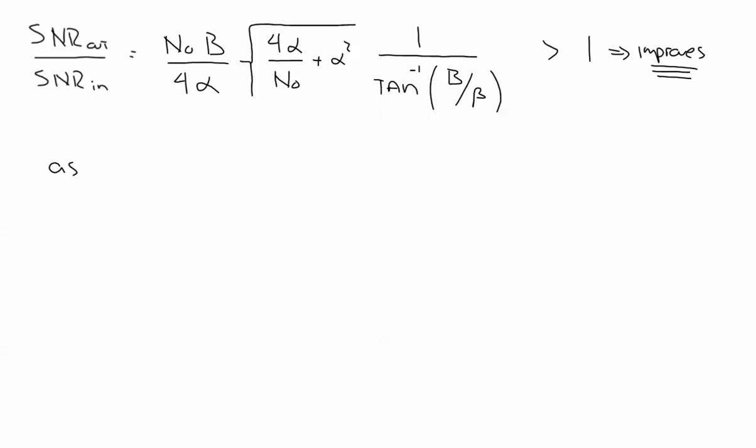As my bandwidth of interest increases, or another way of saying it is my bandwidth approaches infinity, my arctangent function becomes pi over 2.